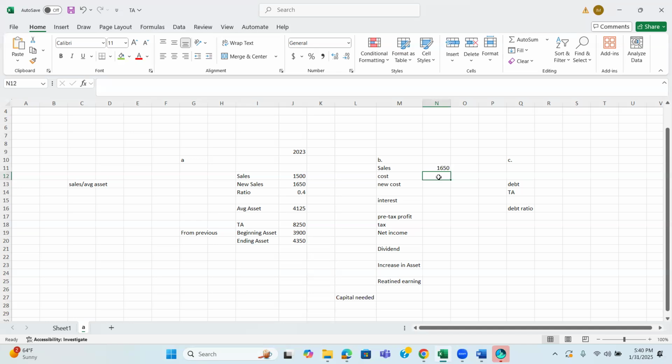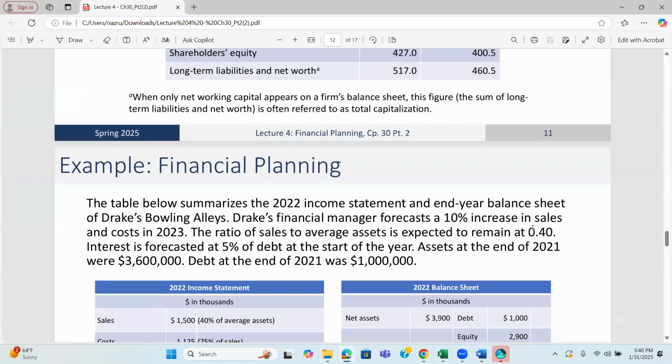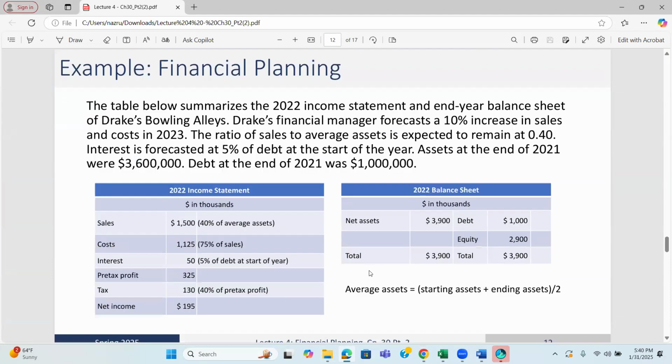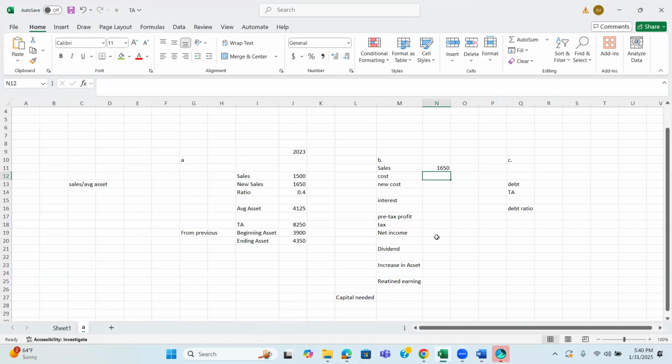And there is also a 10% increase in the case of cost. You can see here there is a 10% increase in sales and cost in 2023. So the cost value is 1125. Let's put 1125, the original cost, and then our new cost should be the 10% increased value. So we just increase the value, and we have 1237.5 as our new cost.